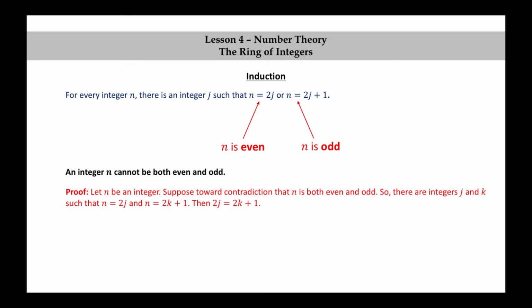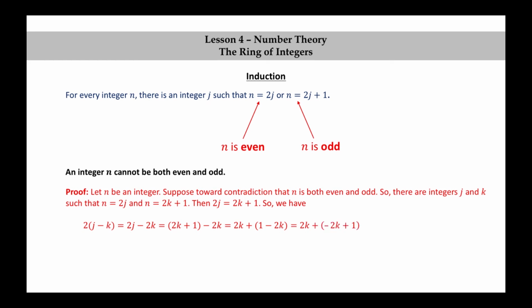Then 2j is equal to 2k plus 1 because they're both equal to n. So we have 2 times j minus k is equal to 2j minus 2k using left distributivity. Now we can just do a direct substitution here. Replace 2j by 2k plus 1. And then use associativity of addition to rewrite that as 2k plus 1 minus 2k.